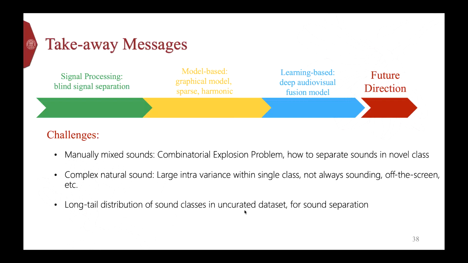We also suffer from off-screen sound, because we cannot see the sounding object, so we can't import the visual information for sound separation. The last one is the long-tail distribution of sound classes in uncurated datasets. It is also a challenging problem we should address in the future.